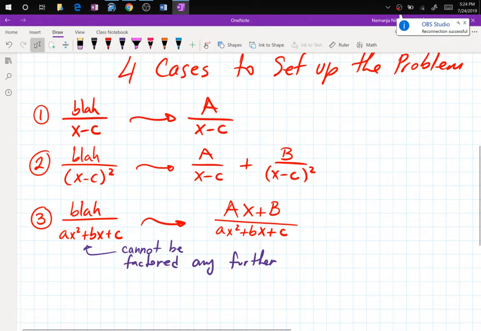So clearly the lowercase and uppercase a's and b's are not the same. And then finally you have a repeated one for the quadratics. So those are the 4 setup situations.